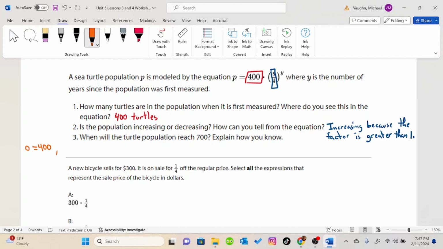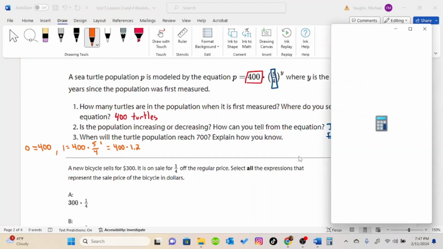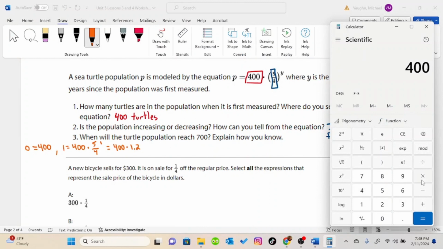After 1 year, that equals 400 times 5 over 4 to the first power, which equals 400 times 1.2, and 400 times 1.2 equals 480.